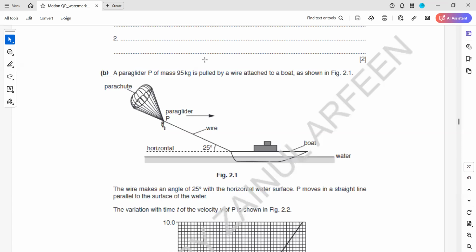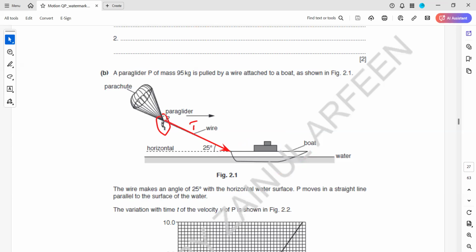If I say the direction of the tension for the boat, it will be in this way. But for the paraglider, it is to pull the glider, so the direction of the tension will be here. Tension direction is always to pull an object.